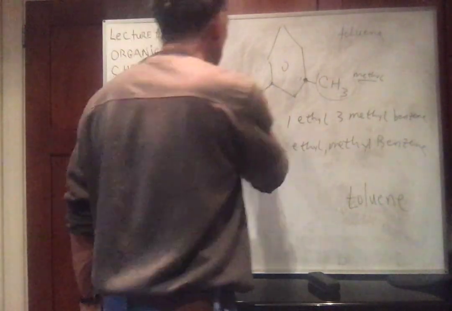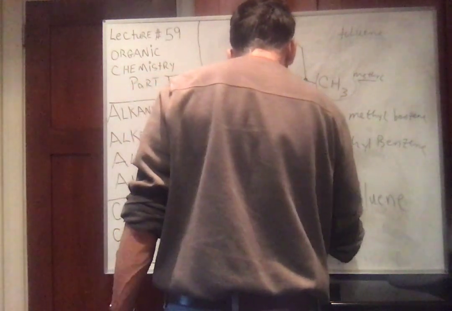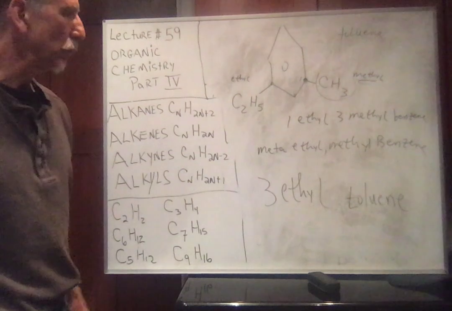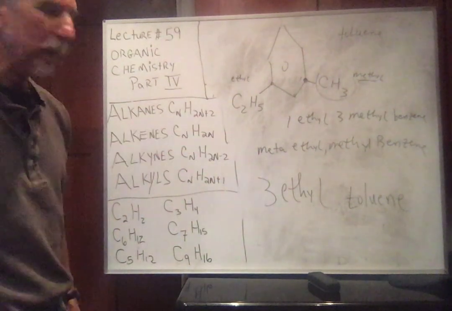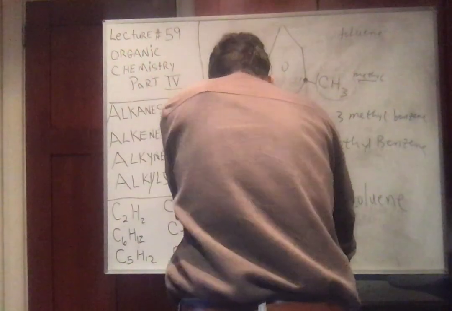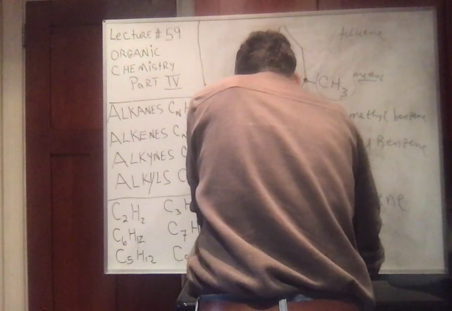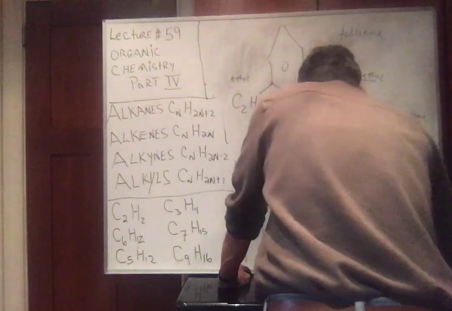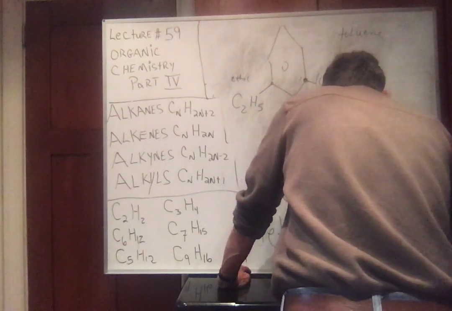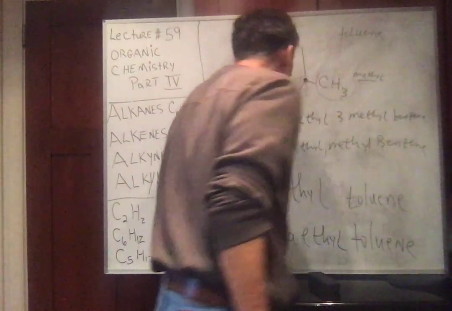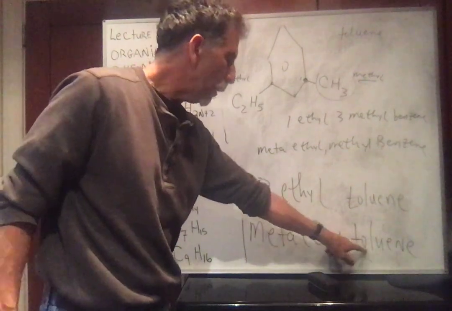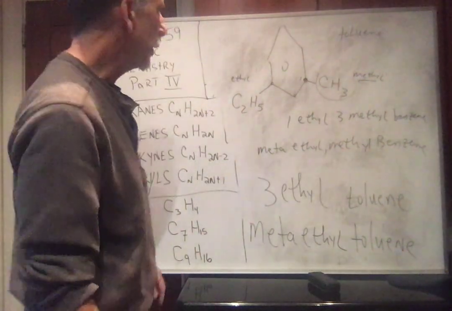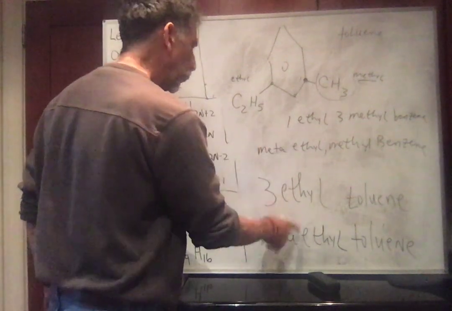On 3, this would be a 3-ethyl toluene. Or if we want to go back to the meta, watch this. This would be a meta ethyl toluene. The ethyl is meta to what makes this toluene, which is the methyl group. So look at this. 1, 2, 3.